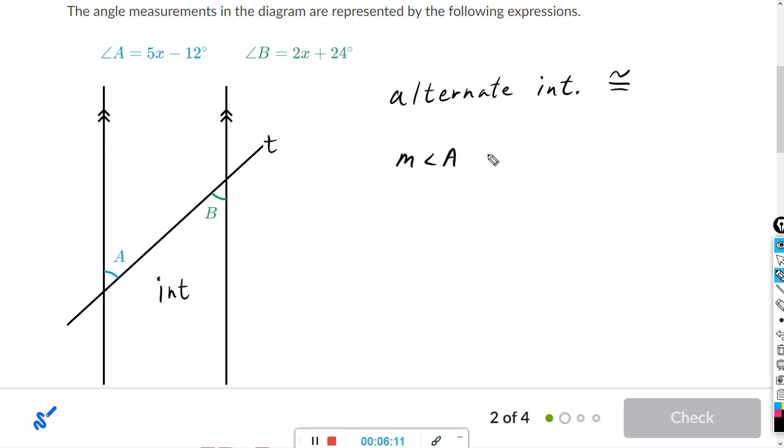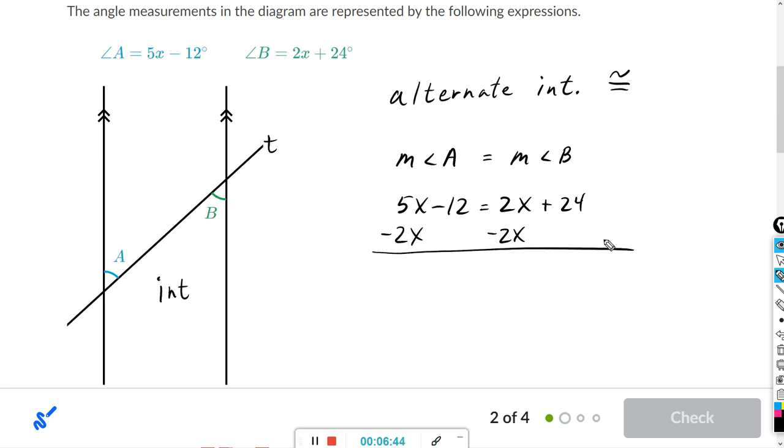So the measure of angle A equals the measure of angle B. The measure of angle A is right here, 5x minus 12. The measure of angle B is 2x plus 24. Solving for x, we want letters on one side and numbers on the other. So I'm going to subtract 2x on both sides, and 5x minus 2x is 3x.